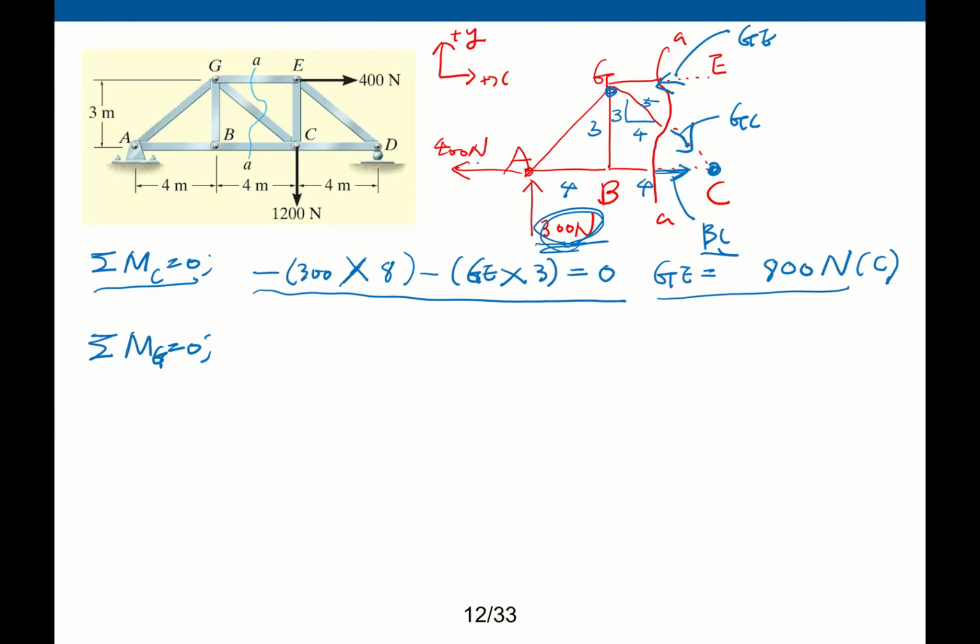This 400 Newton creates clockwise rotation. 300 Newton creates clockwise rotation. And this BC should create counterclockwise rotation. So I think the direction is right.